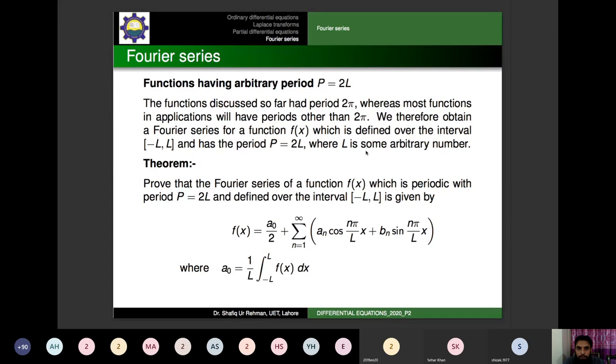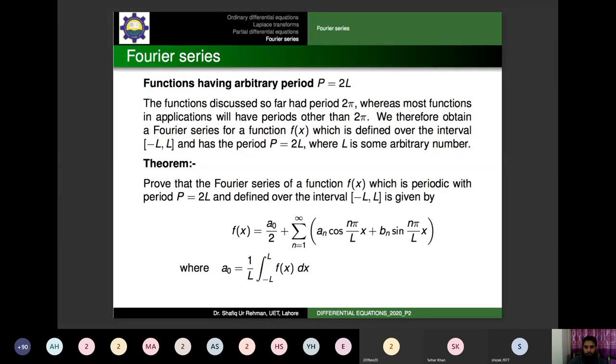We therefore obtain a Fourier series for a function f of x which is defined over the interval from minus L to L. If the interval is from minus L to L, the length of the interval would be L minus minus L, meaning 2L. Just like from minus pi to pi, the length was 2 pi.